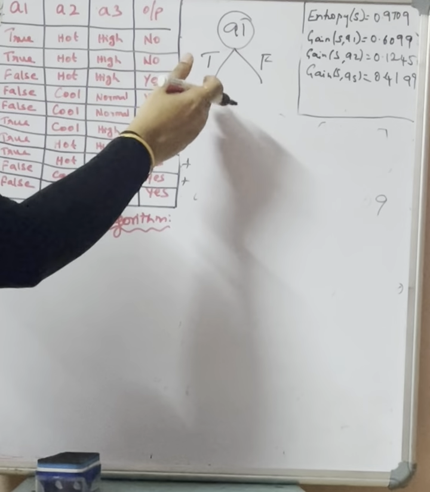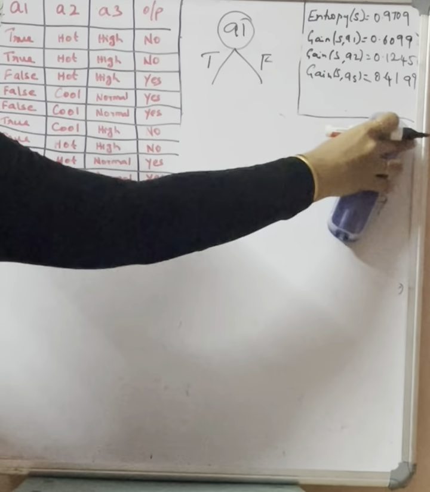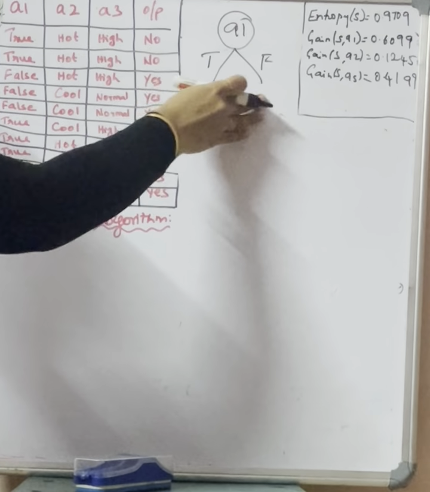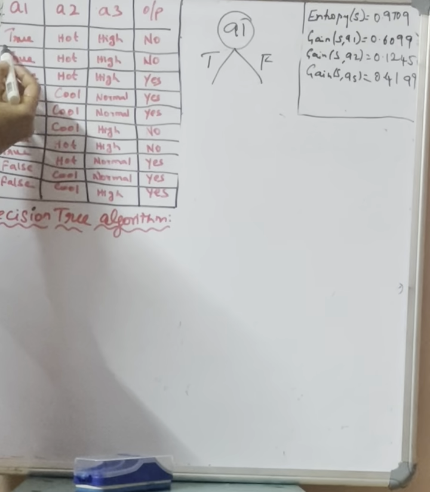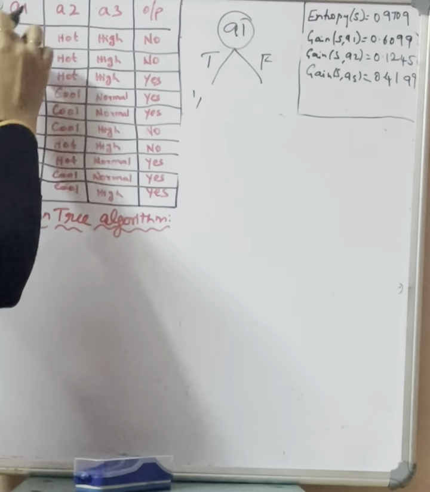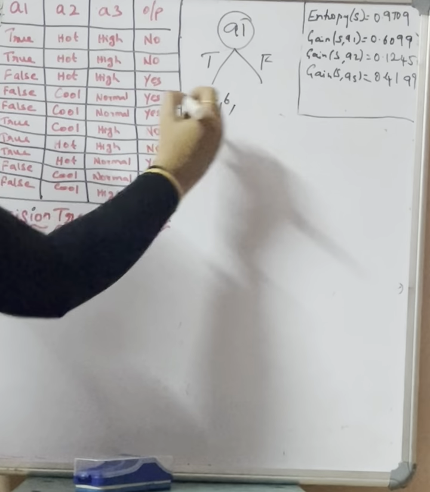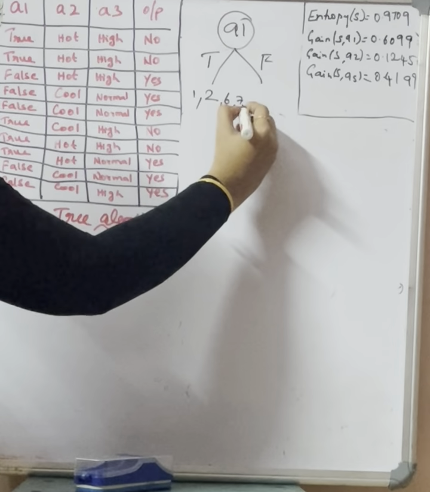Next you have to check whether it is possible to consolidate and write the label in the classification in this leaf node itself, or whether it moves to the next iteration. So how many samples are contributing to true? For A1, 1, 2 and then 6, and the other values 7 and 8.